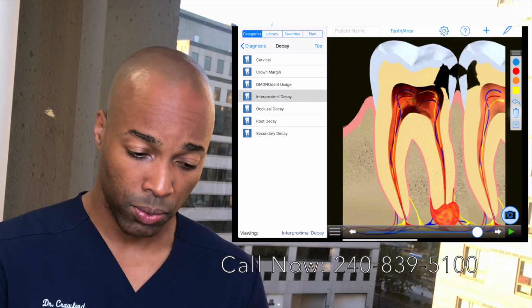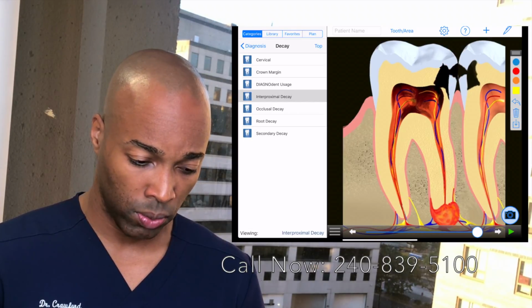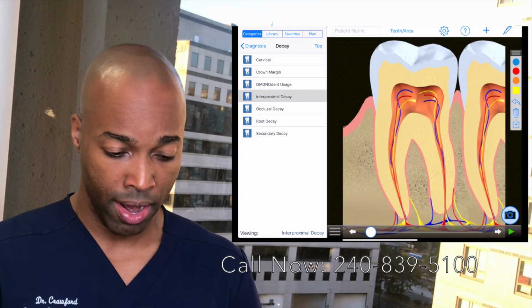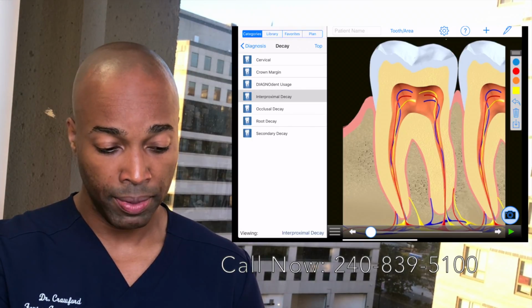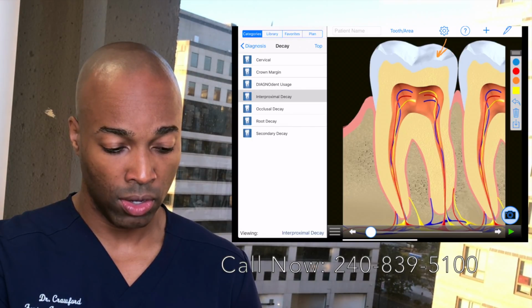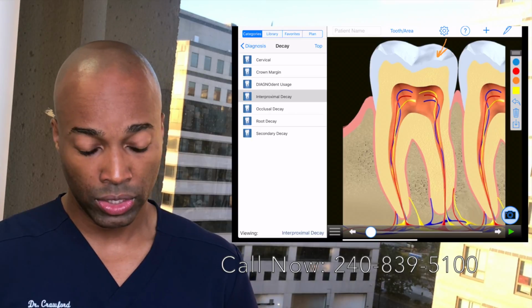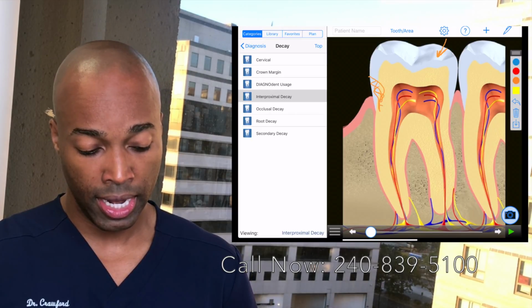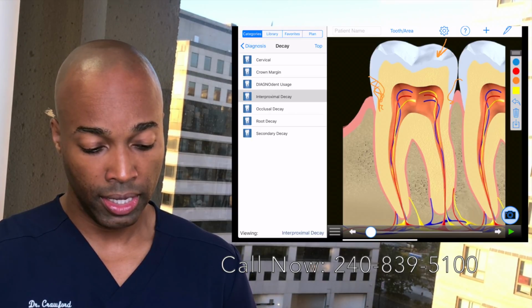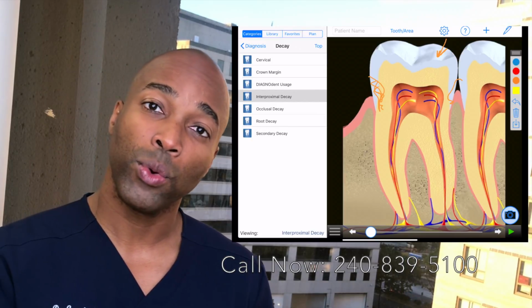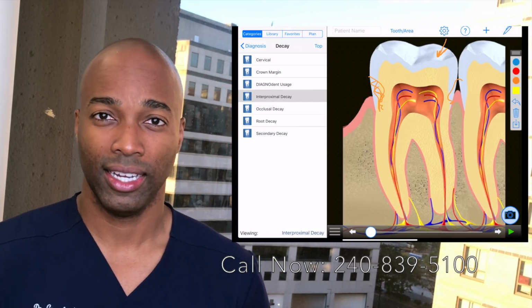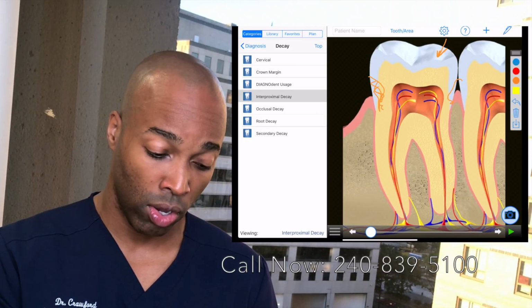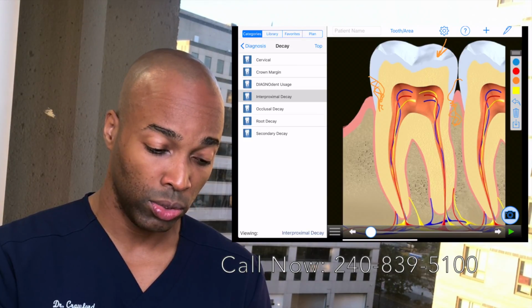There are some other ways that you can lose bone as well, where there's trauma being affected onto the tooth, and we start to get chipping in this area, chipping here, and then because of the forces being so great on the teeth, we actually start to lose bone here.